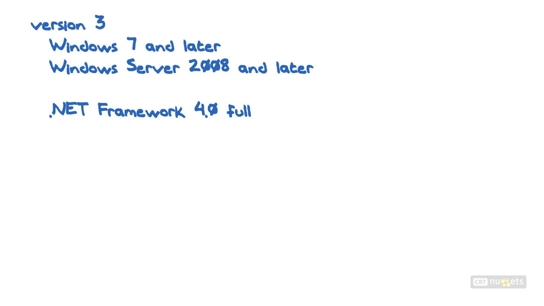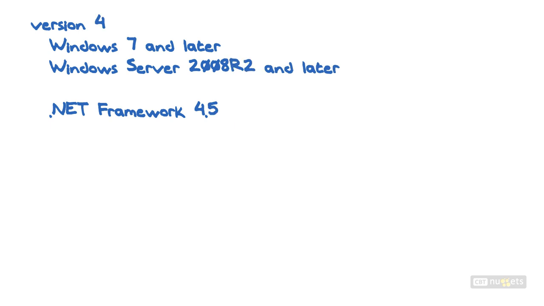In fact, if you try to install version 3 and all you have is .NET Framework 4.0 Client Profile, you'll get an error message to the effect of "this update is not applicable to this system." PowerShell is essentially shipped as a hotfix, and that's why the error message says that. So just make sure that you've got the full install of .NET Framework 4.0. Go to Microsoft's download website if you need to, so you can get the full framework installer.